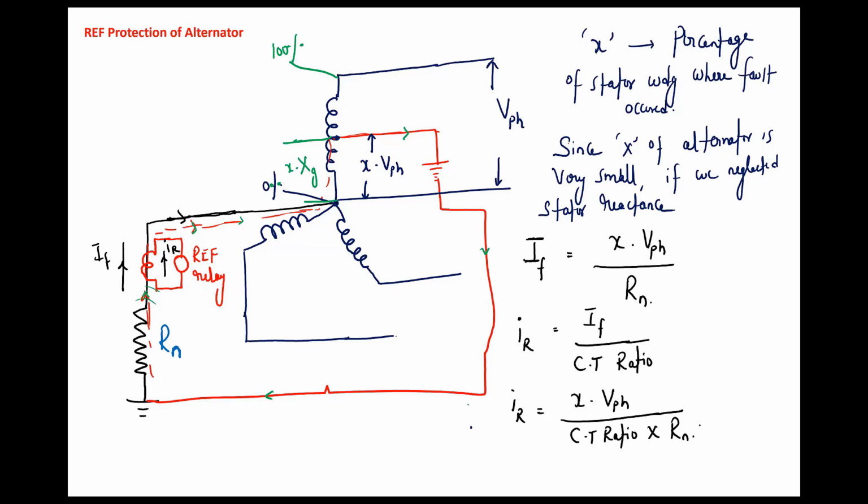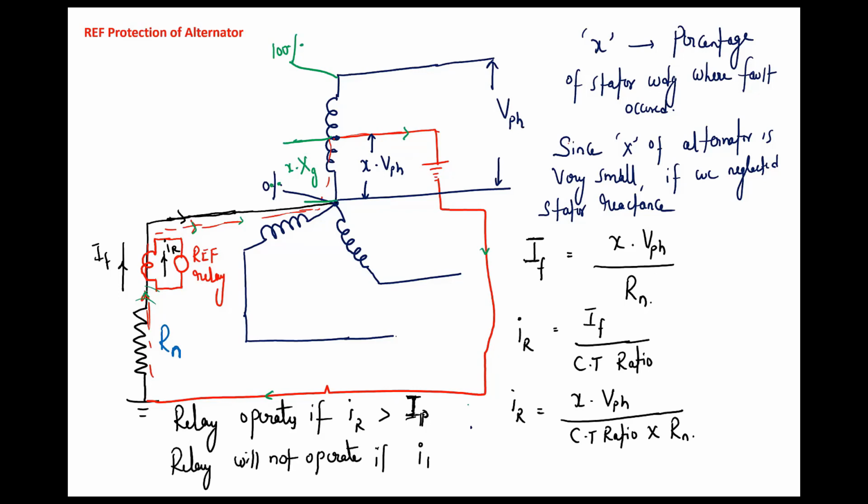Okay. So when the relay will detect and clear the fault, this relay current should be greater than the pickup value. So the relay operates if the relay current IR is greater than the pickup current IP. Relay will not operate if the relay current is less than or equal to the pickup current.